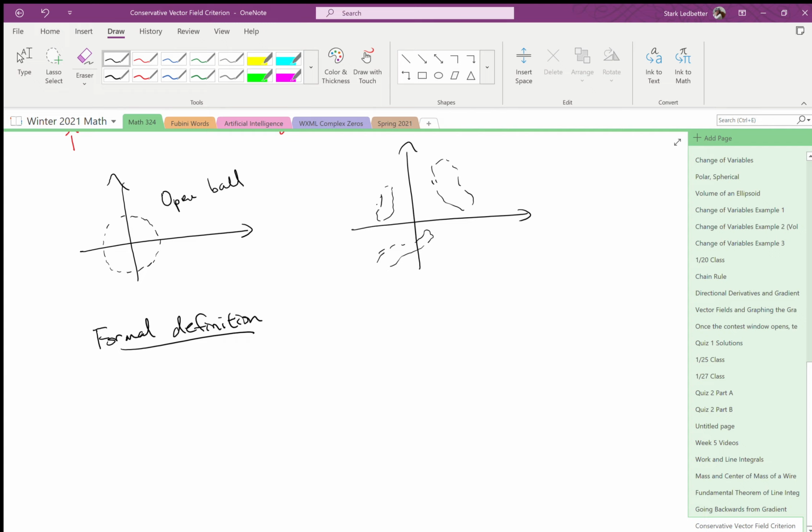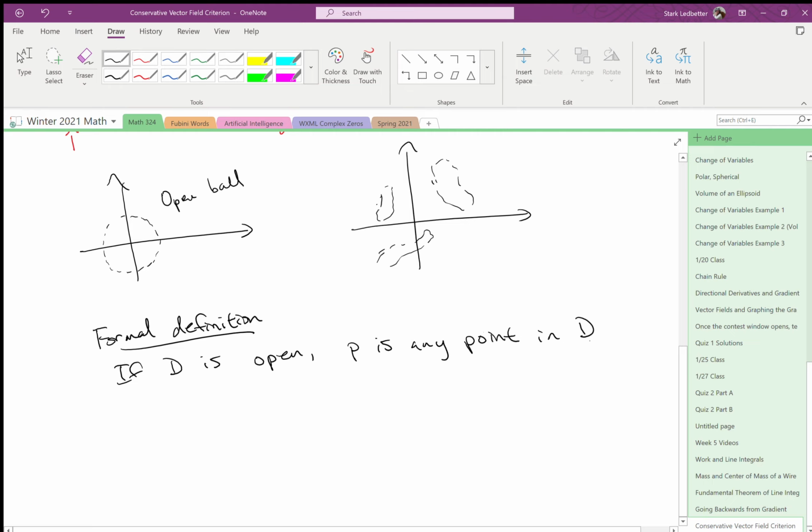So we're going to go to the formal definition, and it just says if D is open, and P is any point in D, then I can draw an open ball. I'm not going to specify the radius. I can just draw some open ball around P that is entirely contained in D.